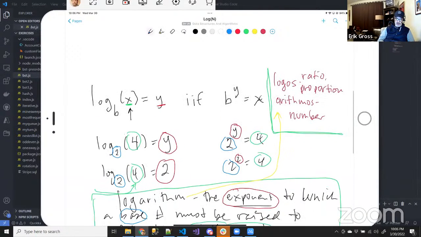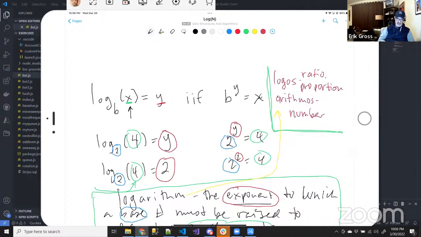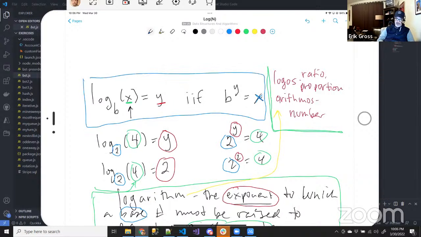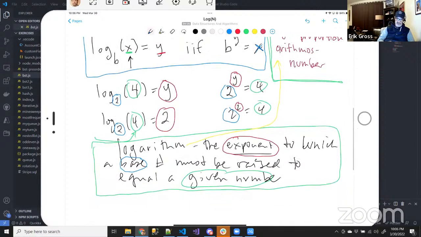The equation for a log for a given base is: log in base b of a number x is equal to y if and only if that base raised to the power of y is equal to that given number. That is our equation. We looked at a few examples of it. We said, well, we're assuming base 2 because we're in the binary system, which only has 2 digits, 0 and 1.